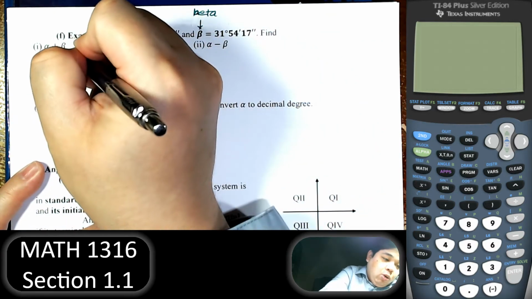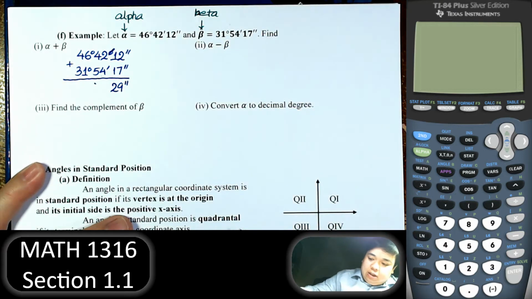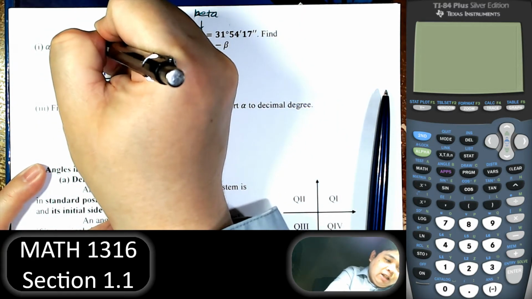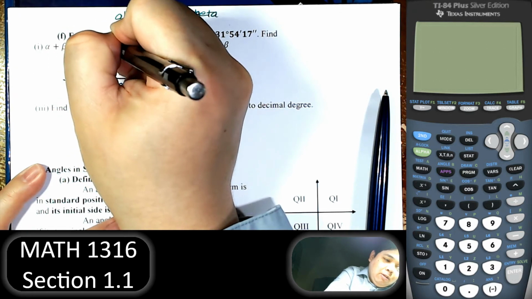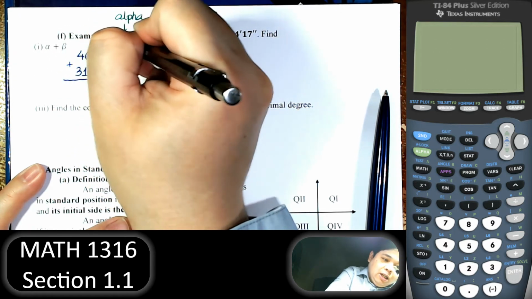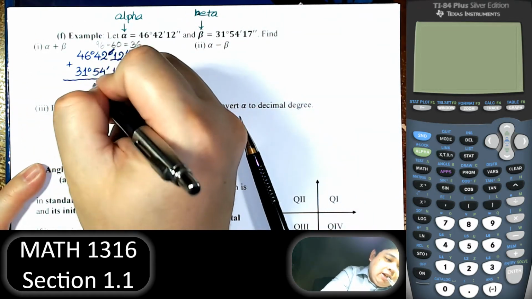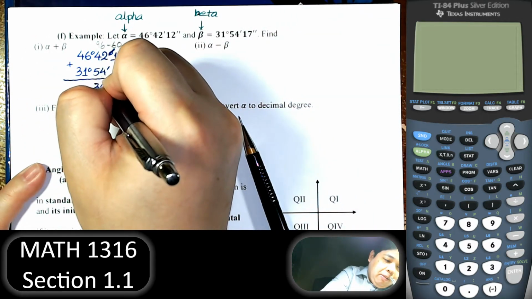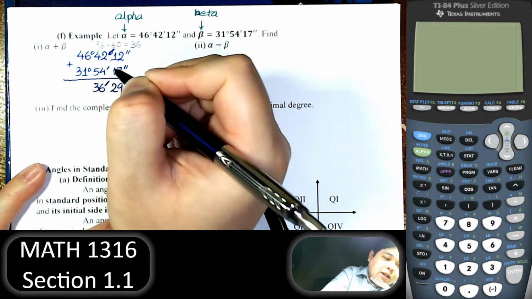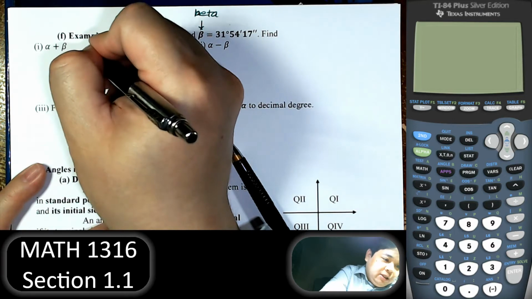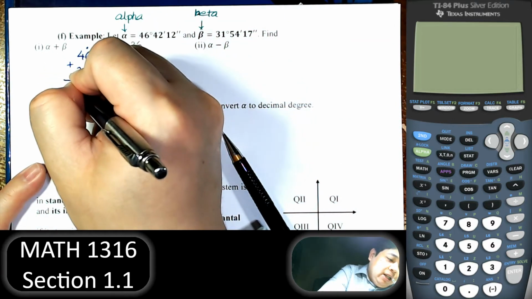So we'll carry 1. I'm just going to write scratch here. Add them up, we have 96 minus 60 is 36. So we're going to have 36 minutes, and then carry 1 over.